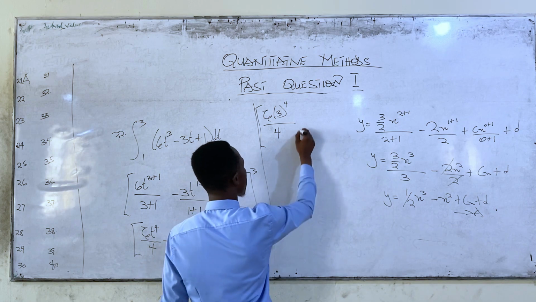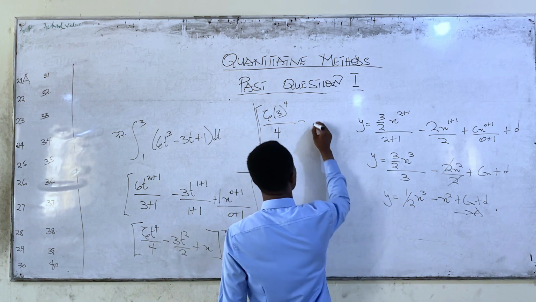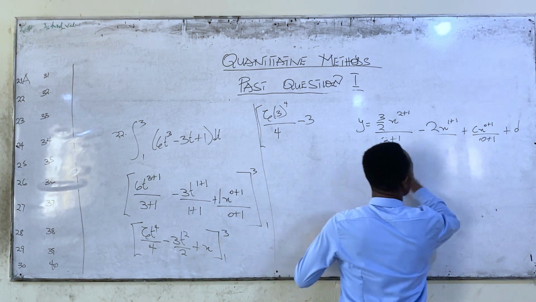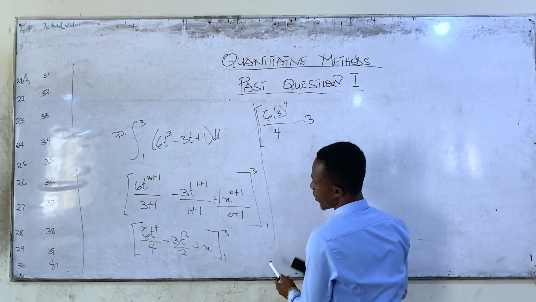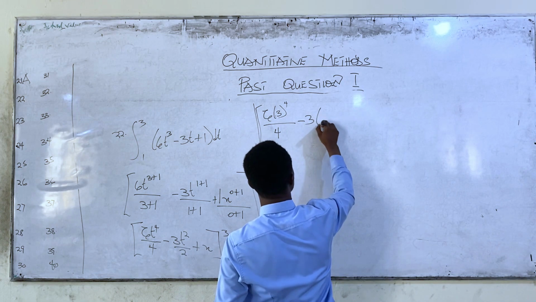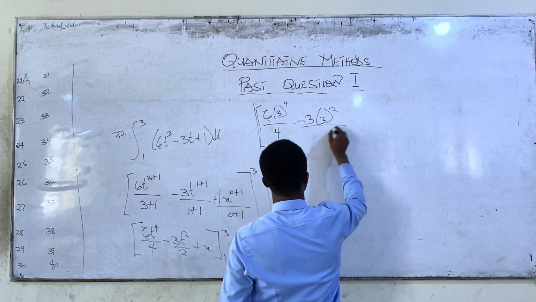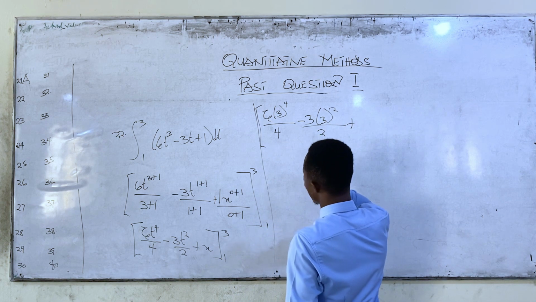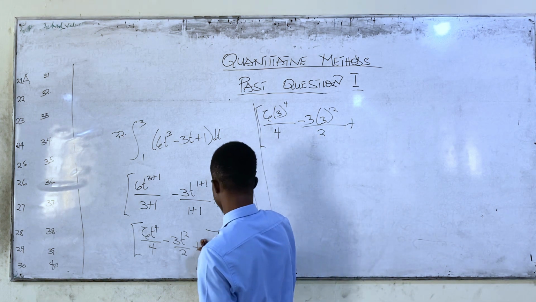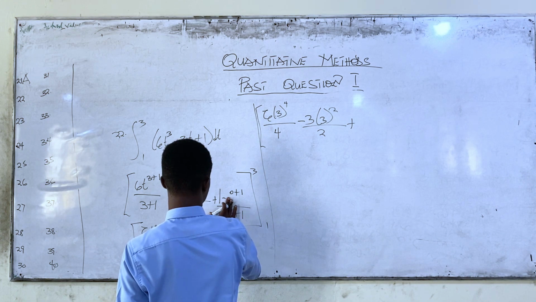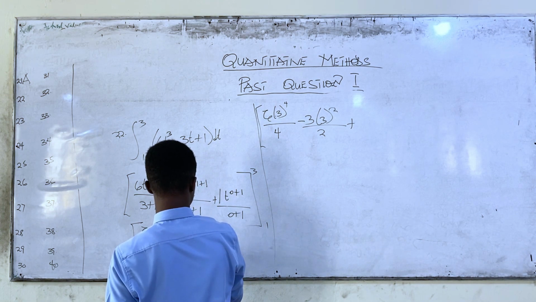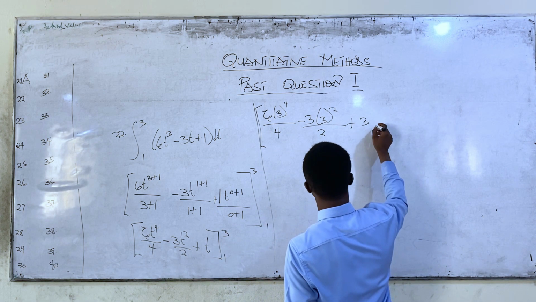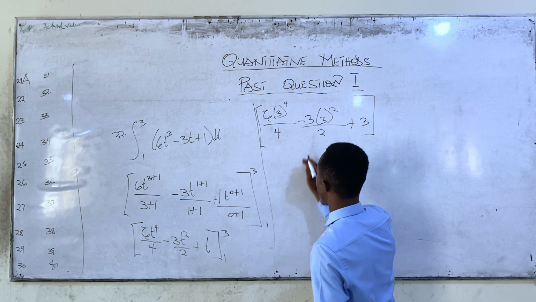That is the first part, minus the second part, 3 into bracket 3^2 over 2 plus t, not x, sorry, it is supposed to be t because we are dealing in terms of t. So t, and now we are saying 3. Yes. So we are done with the upper limit.